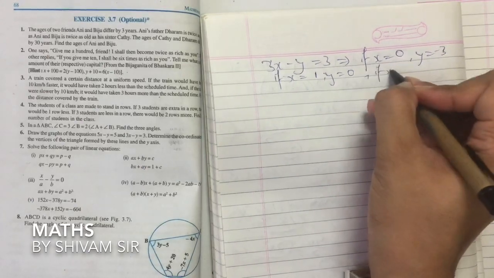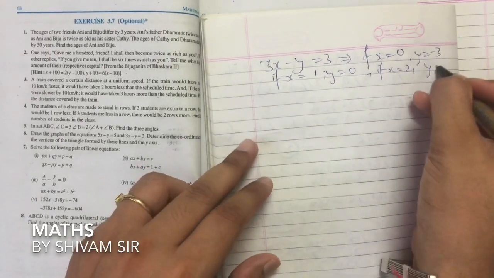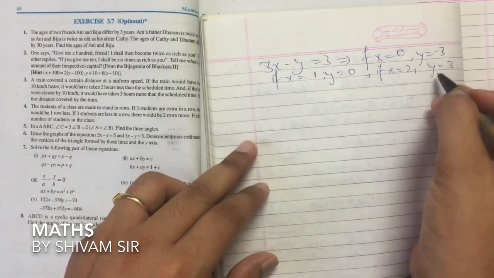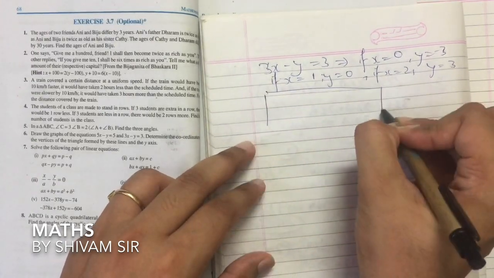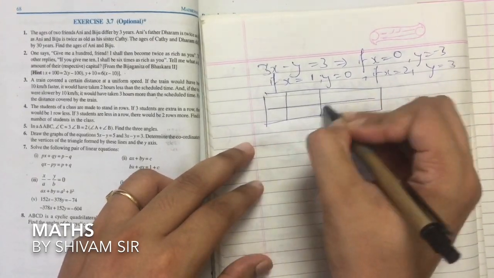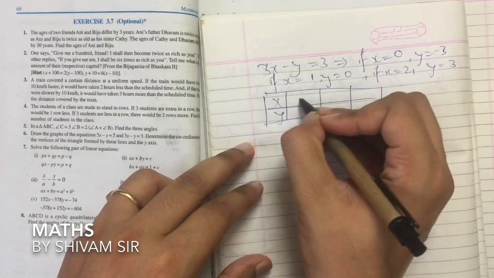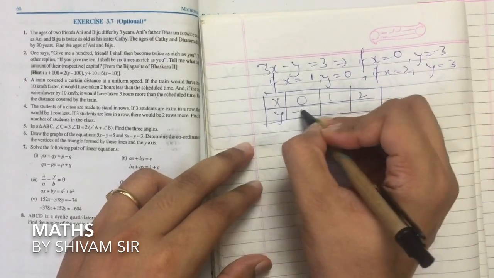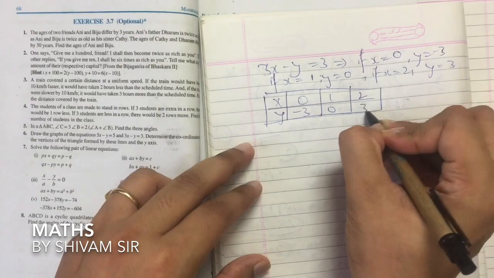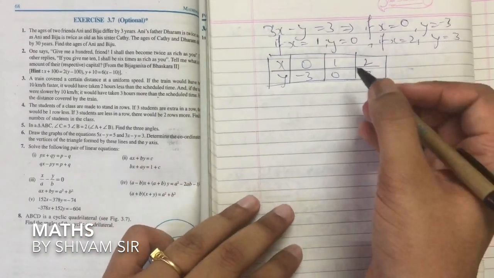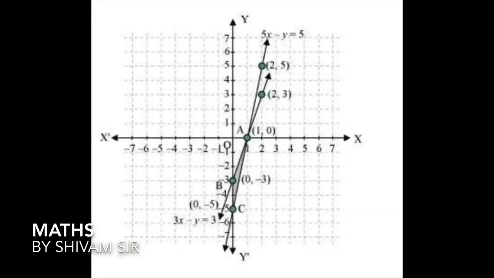If x is equal to 2, y will be equal to plus 3. So make a table for it also. x is 0, 1, 2 and y is minus 3, 0, plus 3. When you plot these points on graph paper, it will look like this.